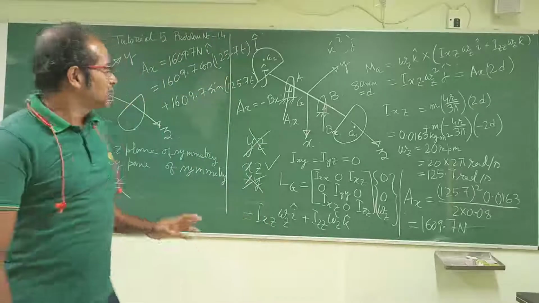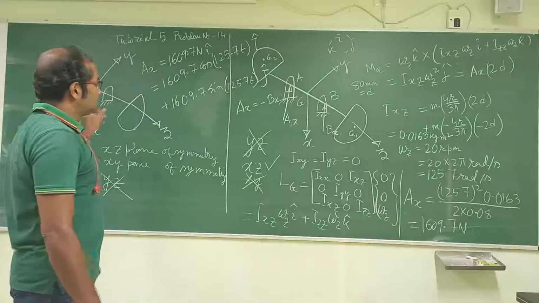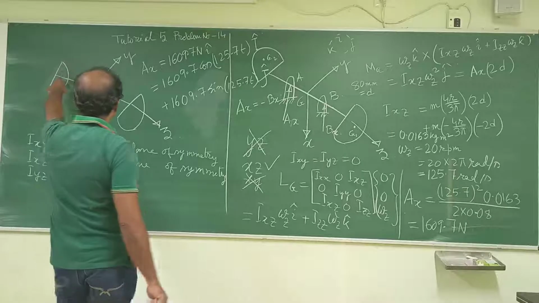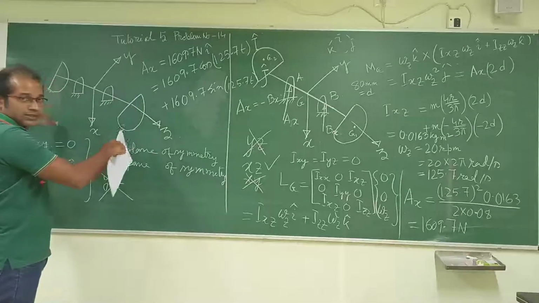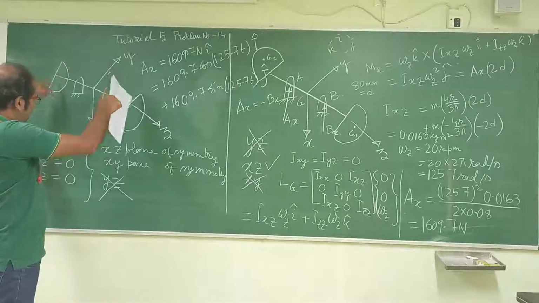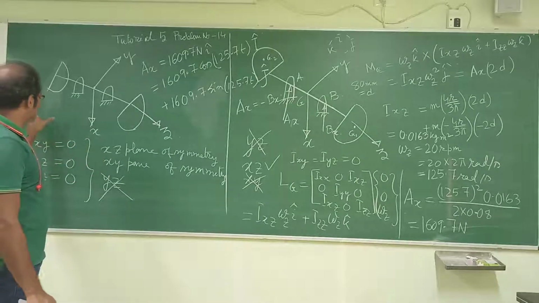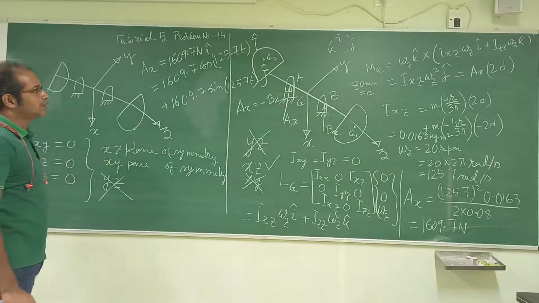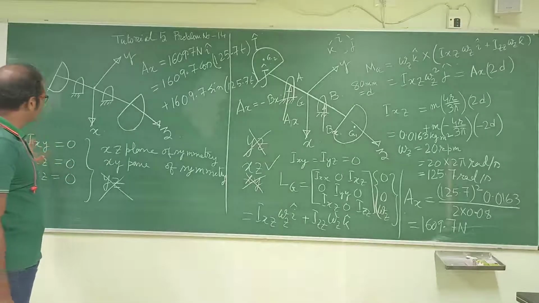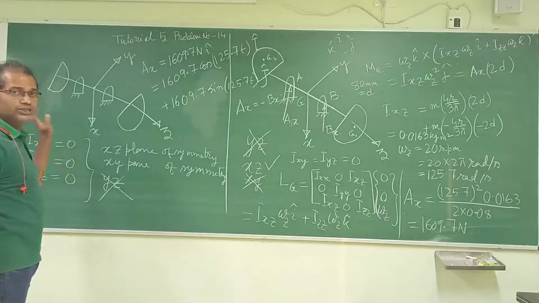So with that, we can conclude that, over here you look, both the centrifugal forces are aligned in the same direction, so it is not going to create any moment. If you calculate LG, the angular momentum, it is not going to change.